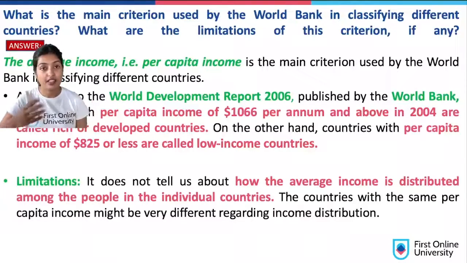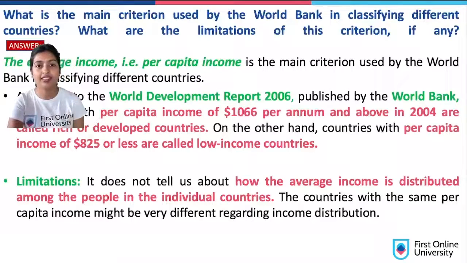You take the average with the two people, and the other 98 people are poor. Even if the two people are making such good money that it is covering up for all of the 98, we will still appear to be a developed country. Do you understand? It does not tell who exactly is poor or rich. So that is the kind of problem with such a criterion.